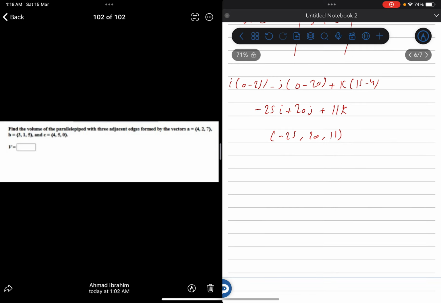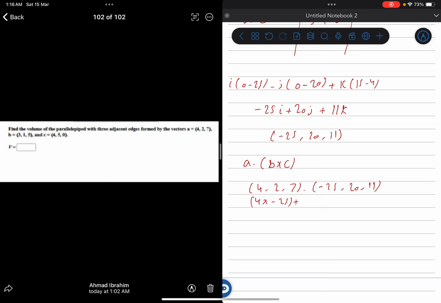And then we can find A dot B cross X. We already have A, 4 2 7, so it will be 4 2 7 with negative 25, 20 and 11. So it will be like this.